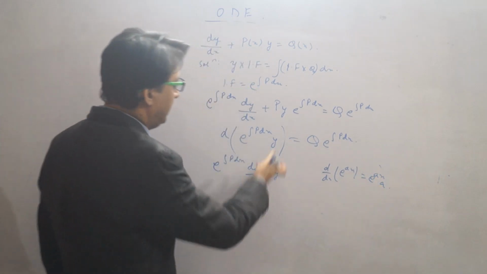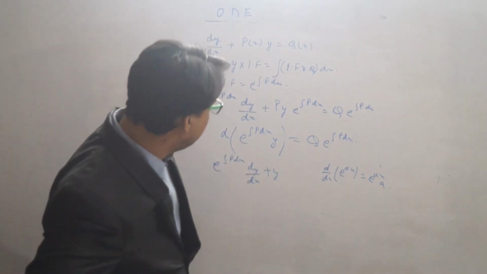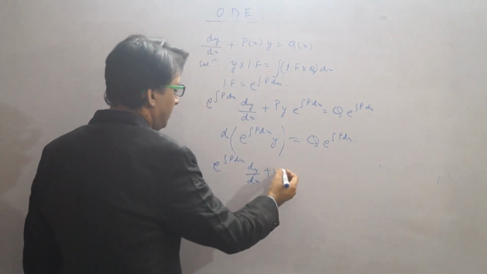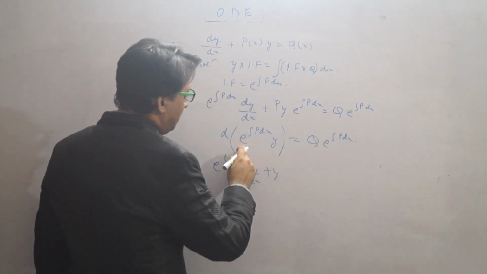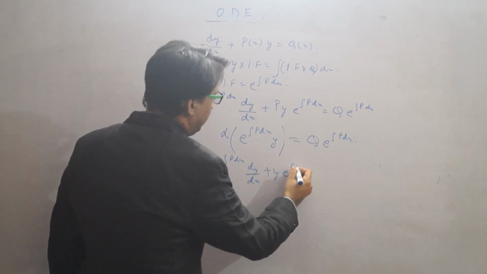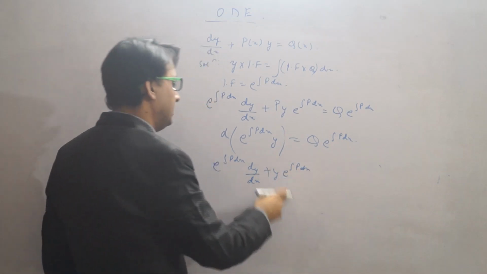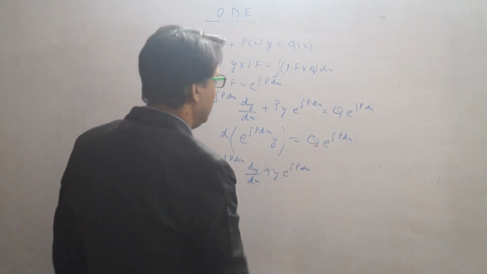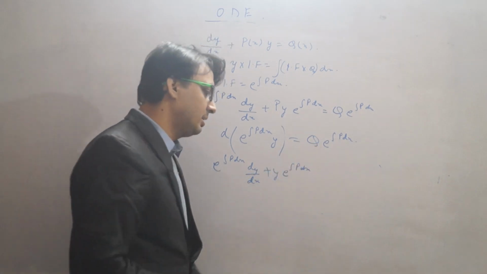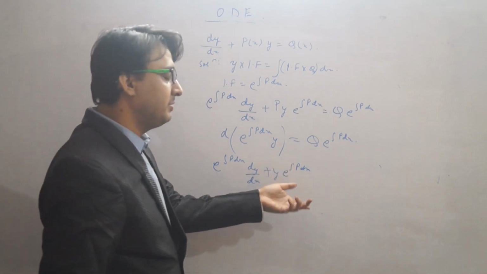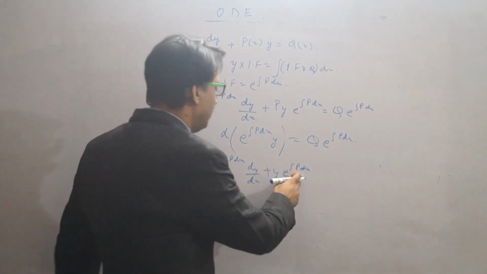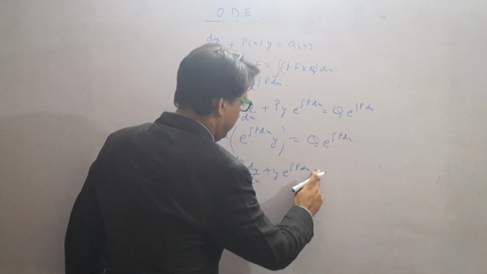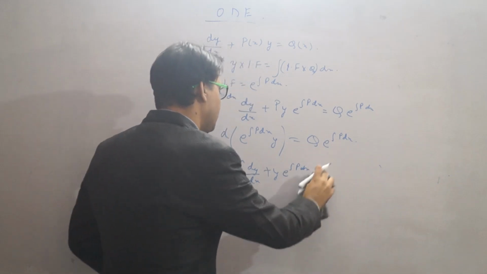We are just using the same thing here. So first we copy e to the power whatever it is, and then we take the derivative of this argument. The differentiation of integration cancels out, that is, the derivative of an antiderivative is the function itself, which means it is P over here.